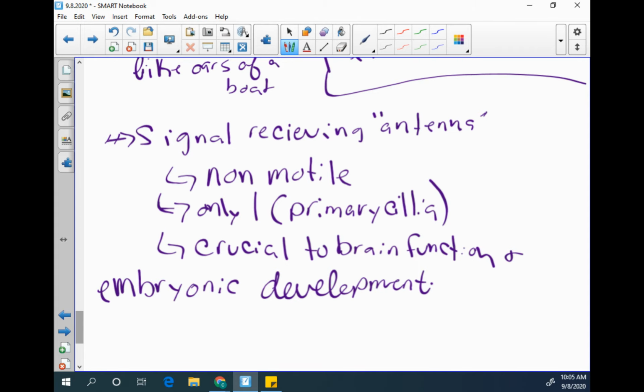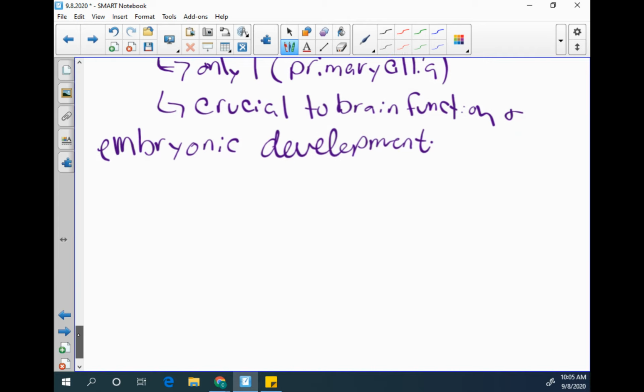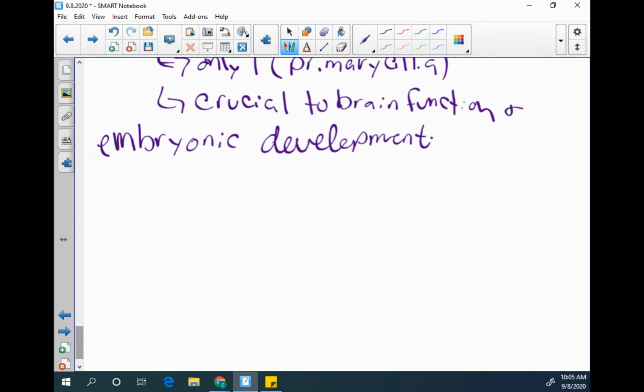I have one more little thing for us, and that is the similarities in structure. This is with cilia and flagella.